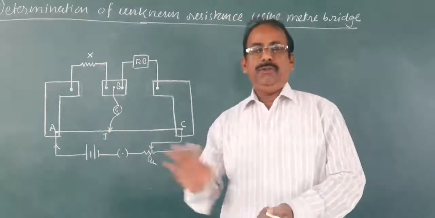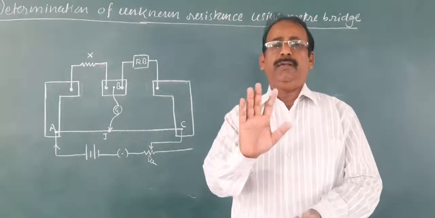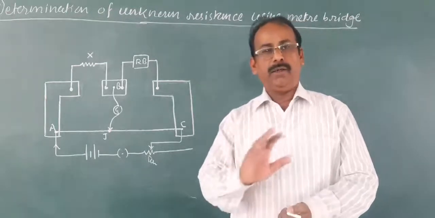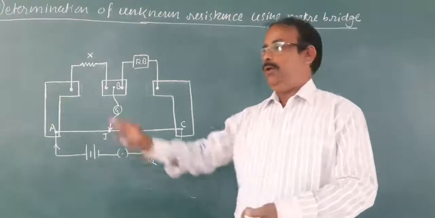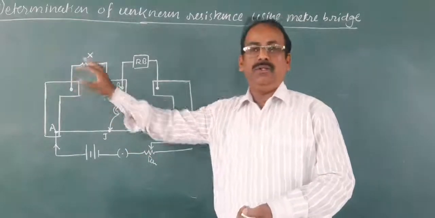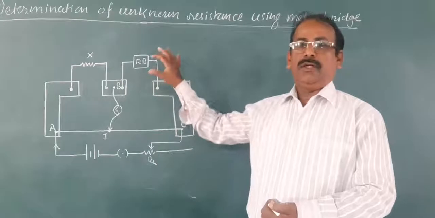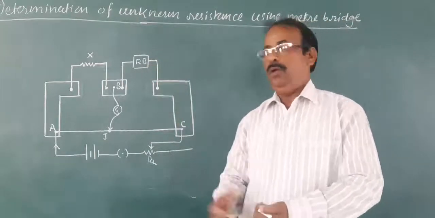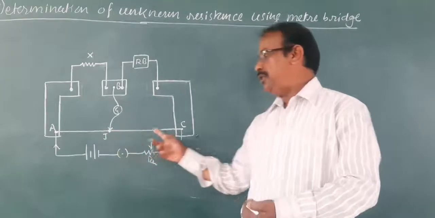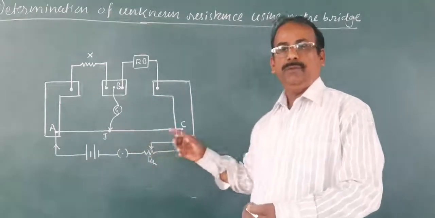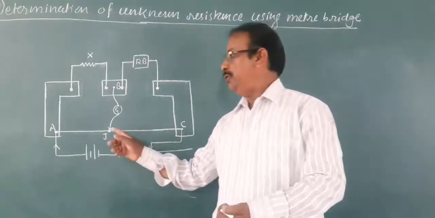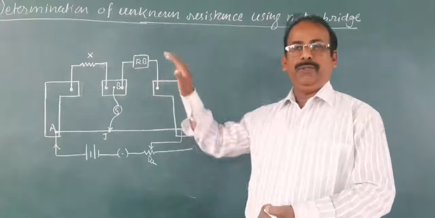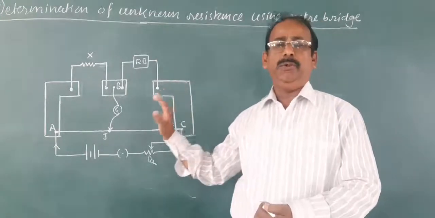In this meter bridge, you will observe that there are 4 different resistances arranged in quadrilateral manner. First one is this unknown resistance. Second one is this known resistance, means resistance box. Third is the resistance of this part of the wire. And fourth is the resistance of this part of the wire.